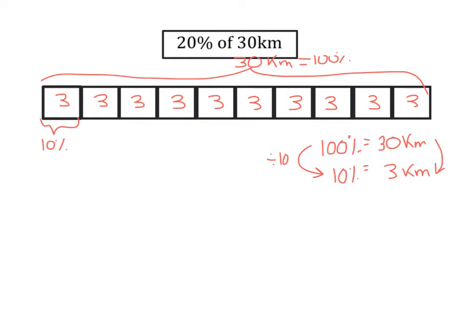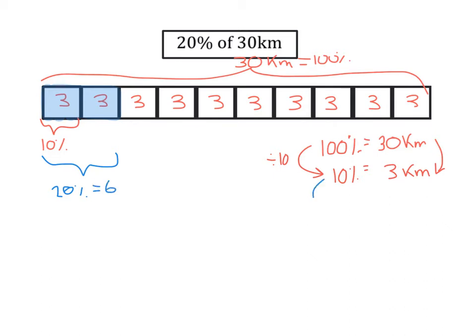Now I want 20%. So remember, each of these boxes is 10%. So if I want 20%, I'm going to need 2 of these boxes. Here's 10%, here's another 10%. So that means altogether I've got 20% is equal to 6.